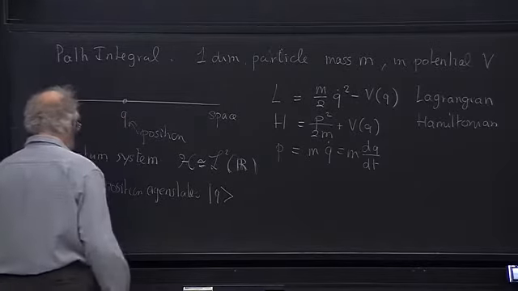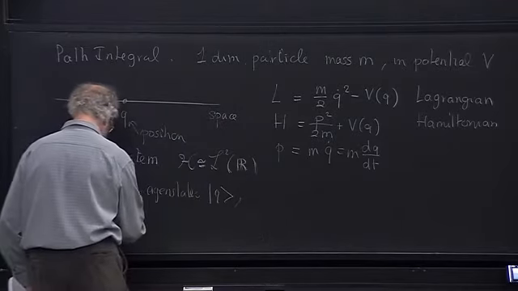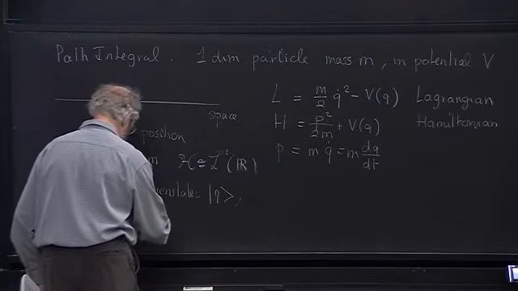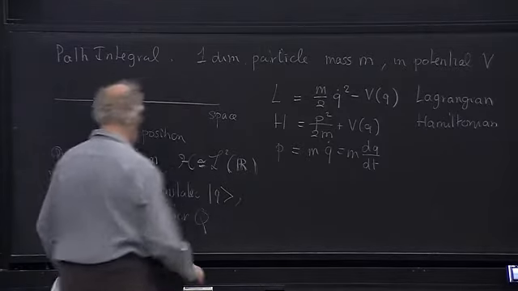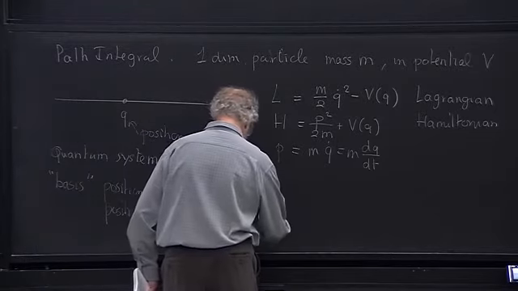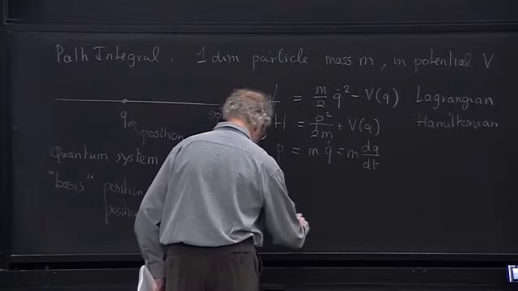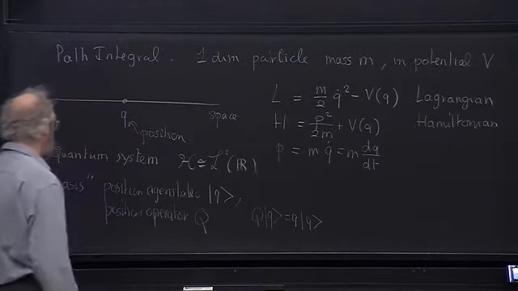And you have, of course, a position operator Q, which is such that Q applied to |q> gives the position of the particle, q times |q>. That's the definition.